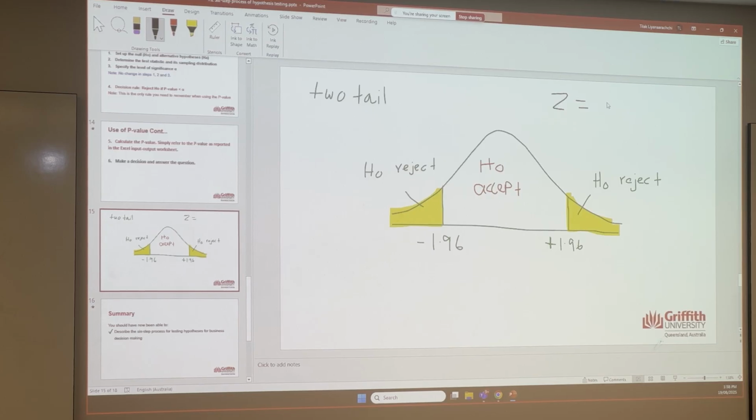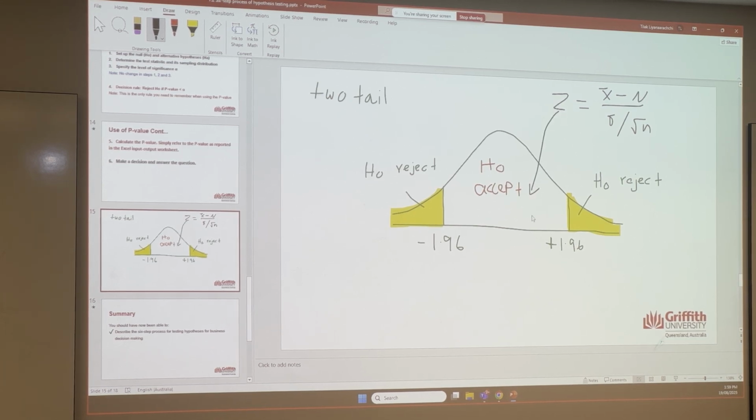So how do you find the Z value? Z value is x bar minus mu, divided by sigma over the square root of n. If this value falls into this area, we don't reject H0, because it is called the H0 acceptance region.